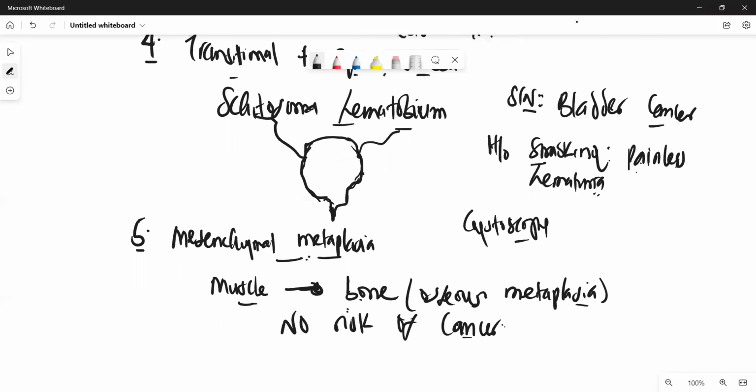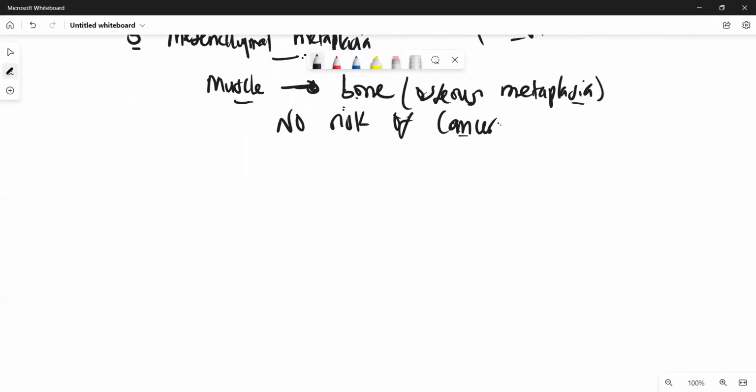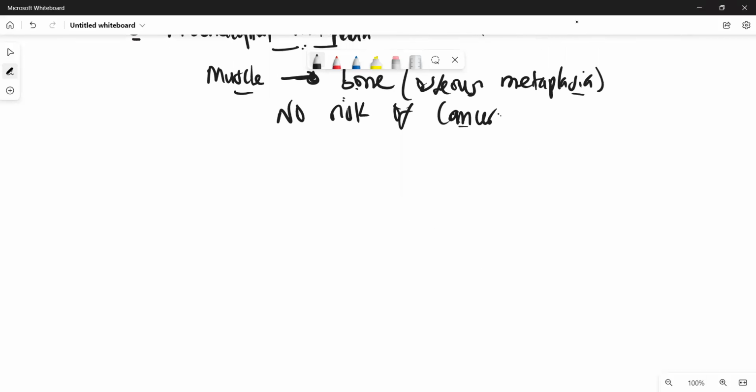So the next one we're going to talk about under our cellular adaptation will be like maladaptation, abnormal adaptation, right? Which is dysplasia. And like we mentioned earlier, metaplasia is a risk factor for dysplasia, hyperplasia is also a risk factor for dysplasia.